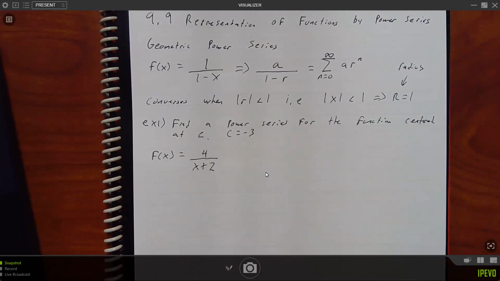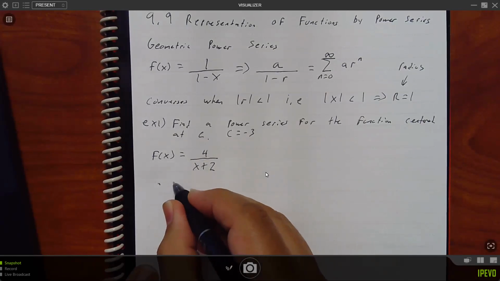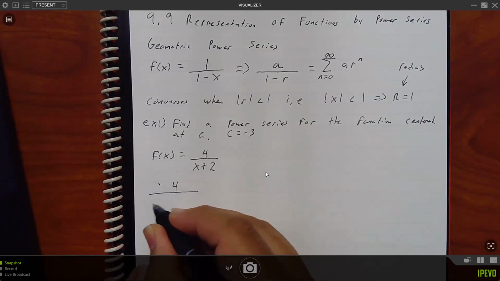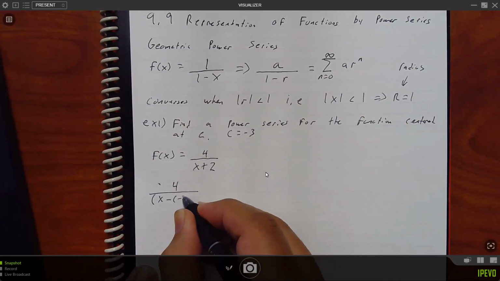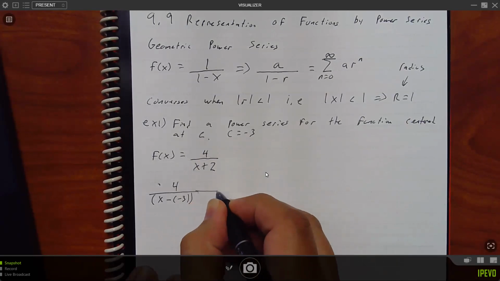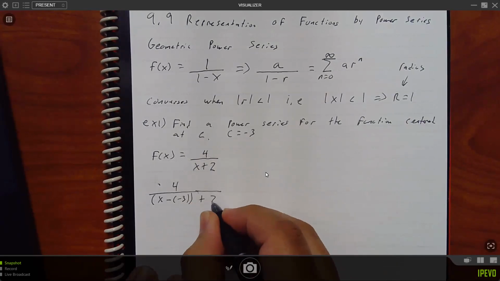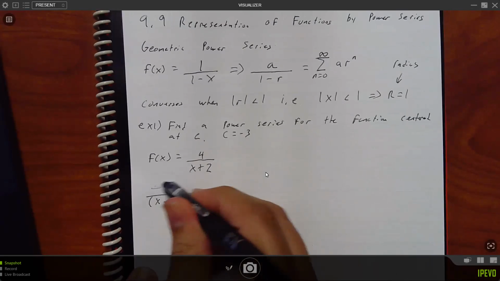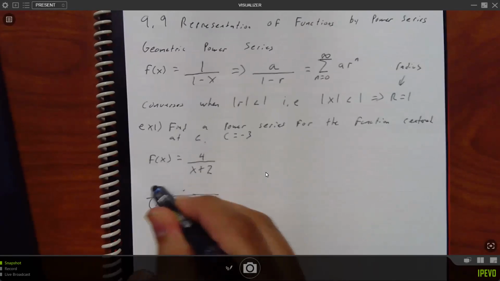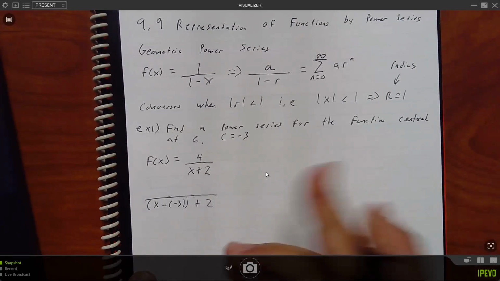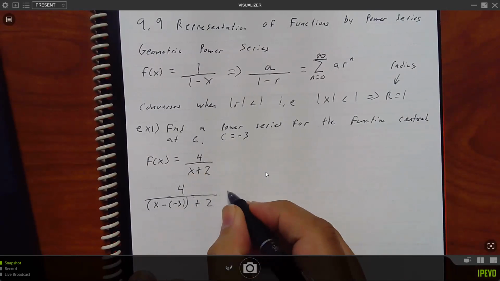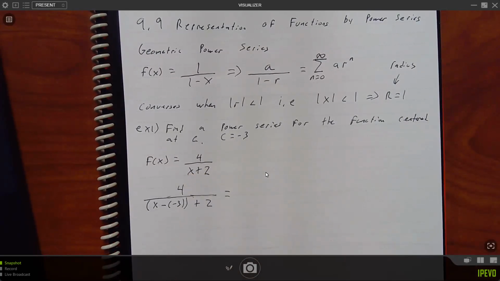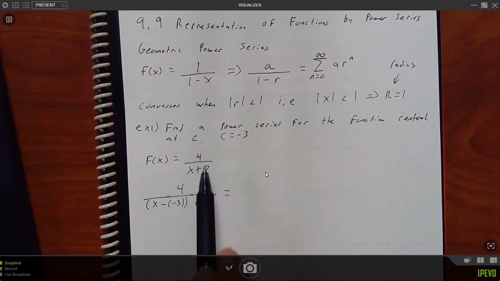Right, so centered at -3 means that we're going to have this going on. This is the original. We're going to rewrite it.